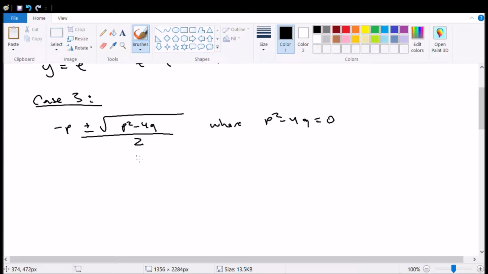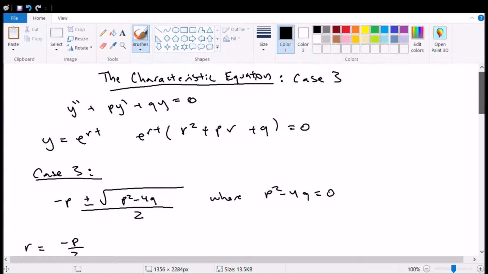And now, basically we're going to have to do something to guess another solution. So first I'm going to set r equal to negative p over 2, because this is the one real solution that we have so far. So this is solving for r right now. We only know that r equals negative p over 2.